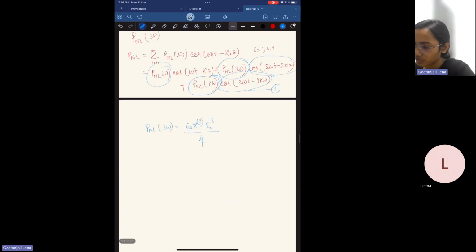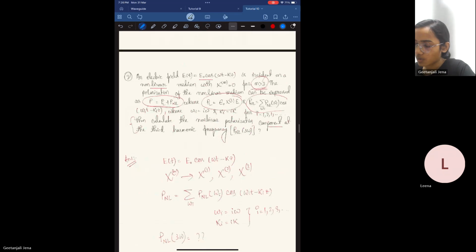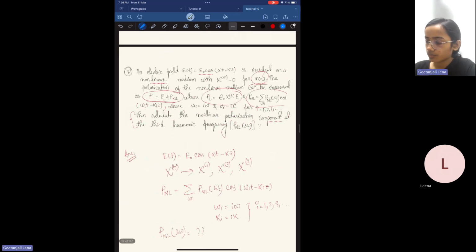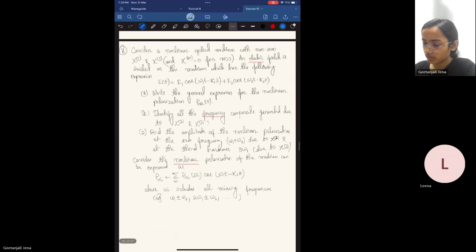Okay, so this was question number 1, I think. Question number 2. Consider a nonlinear optical medium with non-zero values of chi2 and chi3, and chi_m is 0 for m greater than 3.